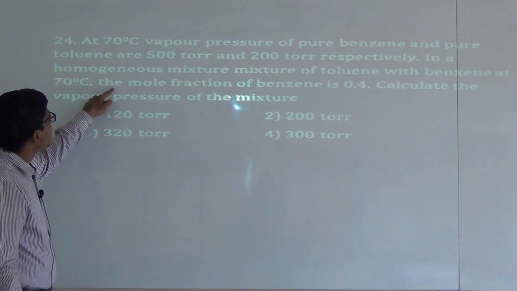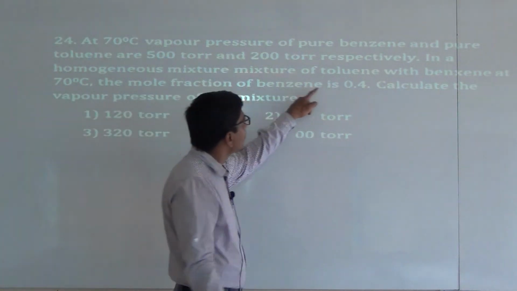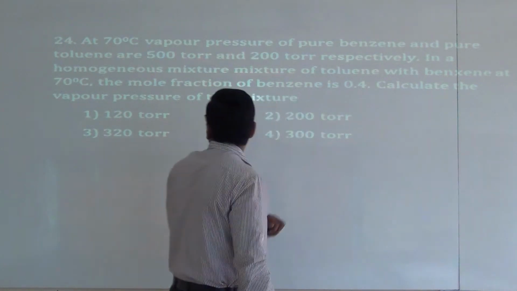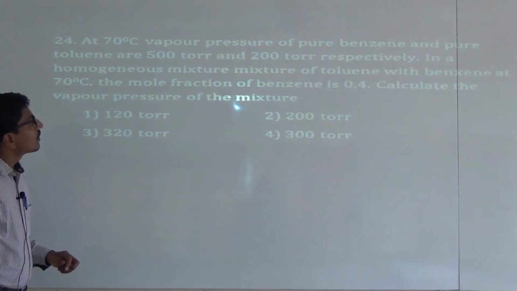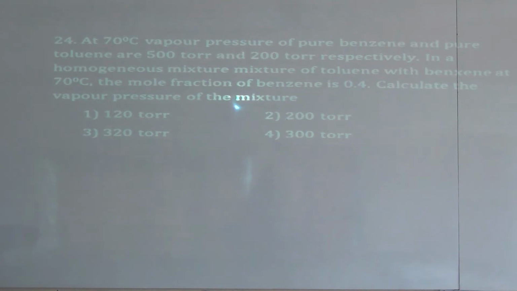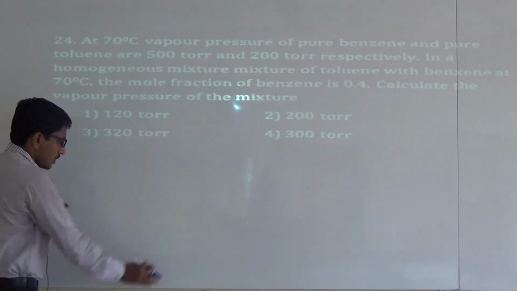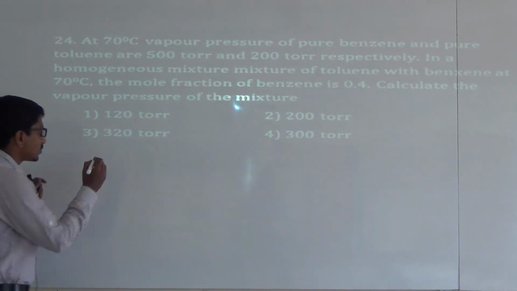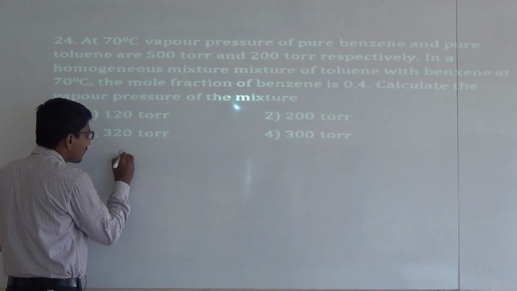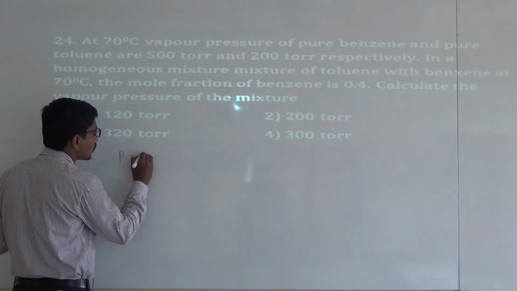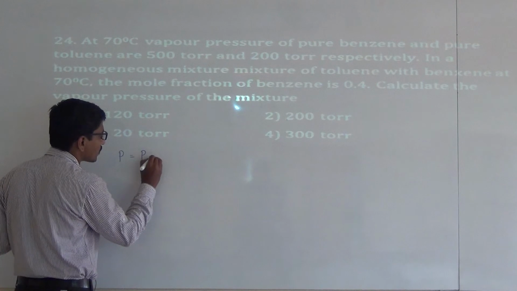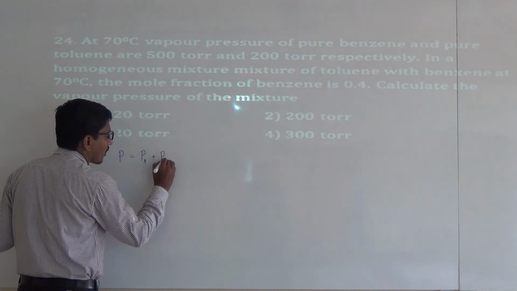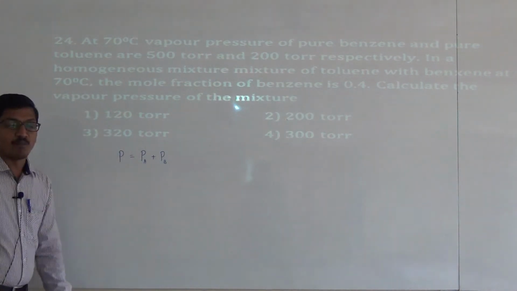At 70 degrees Celsius, the mole fraction of benzene is 0.4. Calculate the vapor pressure of the mixture. This is based on Raoult's law. According to Dalton's law of partial pressure, the total pressure is always equal to the sum of the partial pressures of individual components.